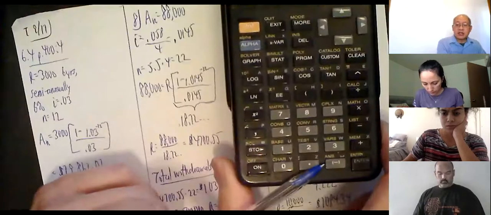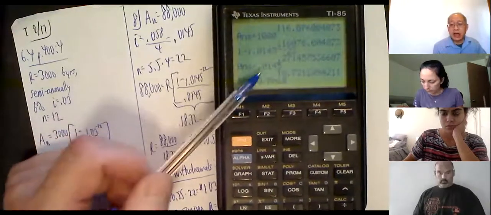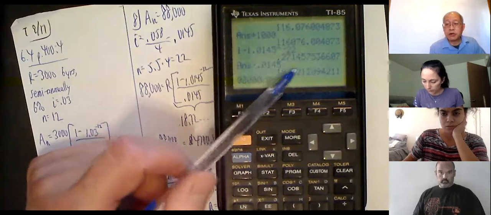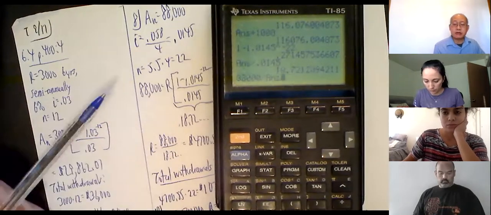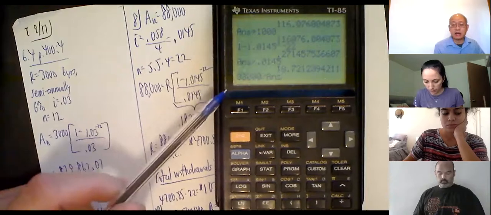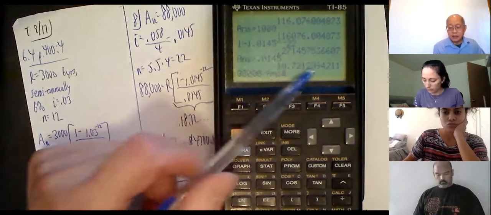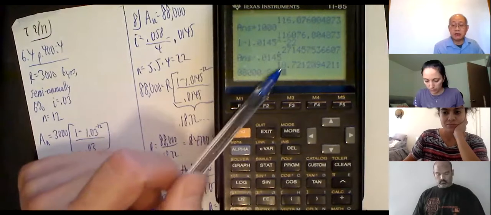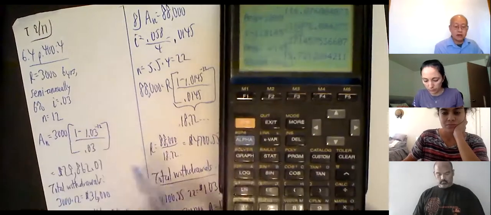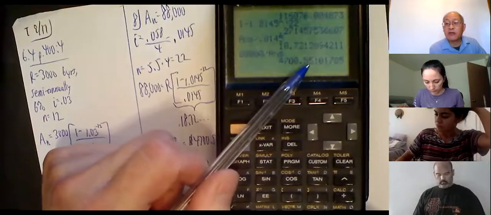By hitting answer, the calculator thinks it's the same thing as if I had typed in 18.7212094211. So answer stores the last result that you have, and you can see that's a lot faster. If you say, I don't have an answer button, sorry, then you folks have to literally write it down on a piece of paper and then do 88,000 divided by 18.7212, blah, blah. Okay, anyway, 4700.551. The .551 means 0.55.